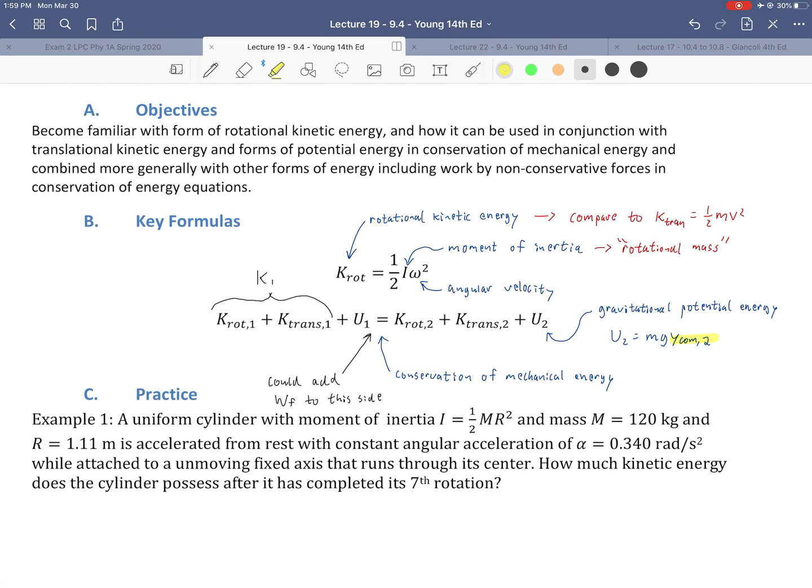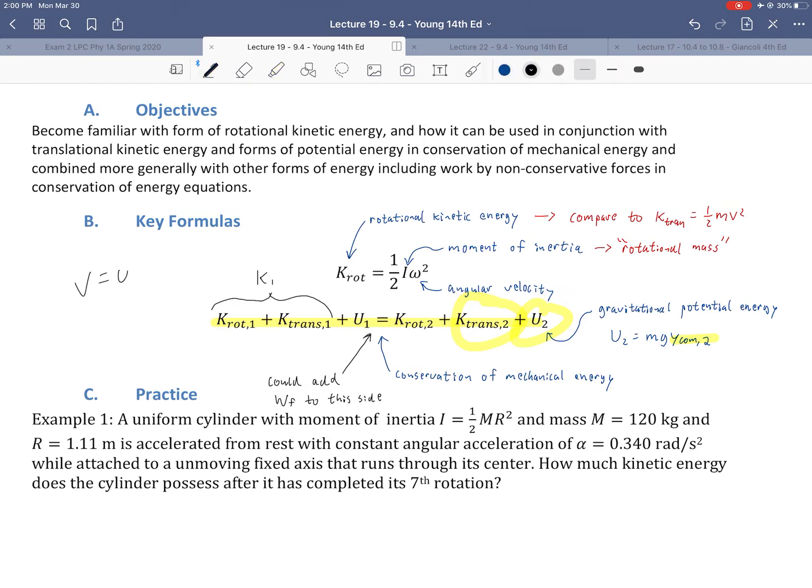Now, I also don't want you to think that that means we can't talk about the potential energy of other parts of the system. If I have a ball and I use this equation to find, say, the final speed of the ball rolling down a hill, and then after I find the translational energy of the center of mass, then if I want to find the translational energy of a corner or the potential energy of a corner, well, not a ball, not that balls have corners, I should say the edge or perimeter, I absolutely could.